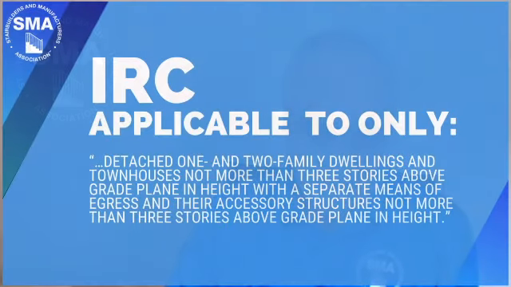It's only applicable to detached, reading right from the code, detached one and two family dwellings and townhouses, not more than 3 stories above grade plane in height, with a separate means of egress and their accessory structures not more than 3 stories above grade plane in height.